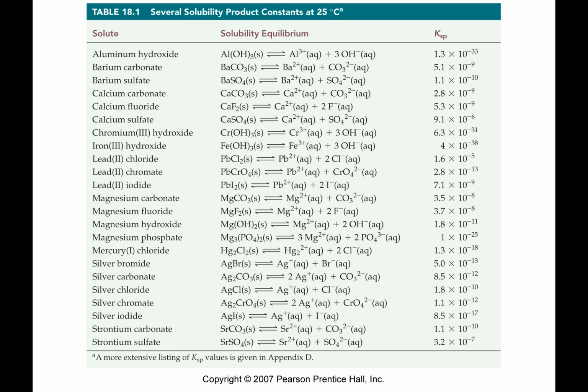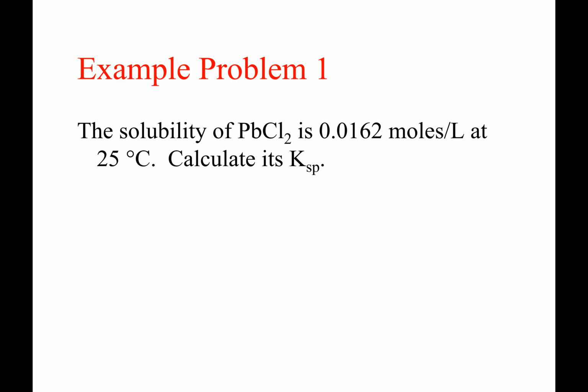And we could write the KSP expression: the molar concentration of Mg+2 cubed times the molar concentration of PO4 3 minus squared is equal to 1 times 10 to the -25th.